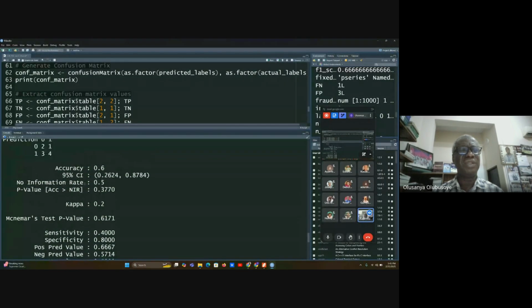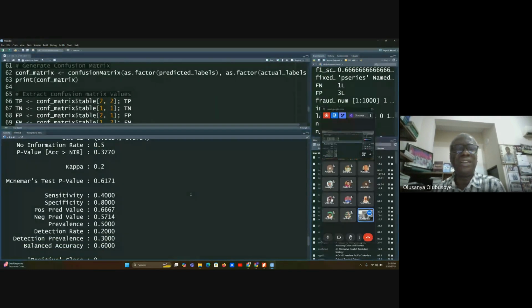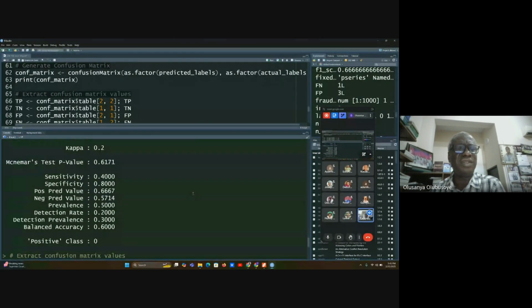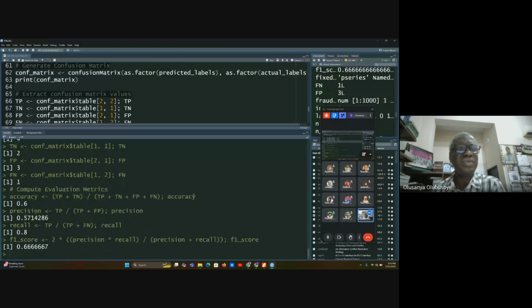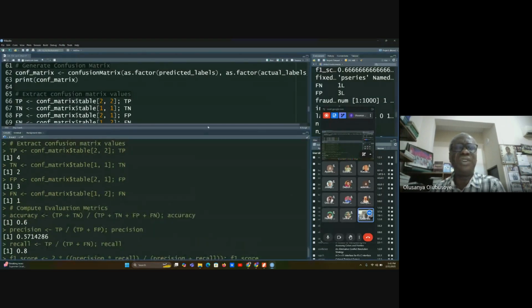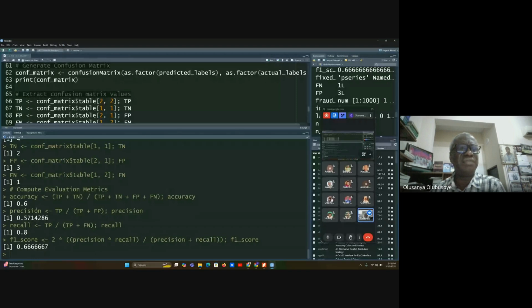You see the accuracy stated, which is 0.6. That tells you the degree of accuracy of your model. So beyond accuracy, you can look at precision, recall, and F1 score.